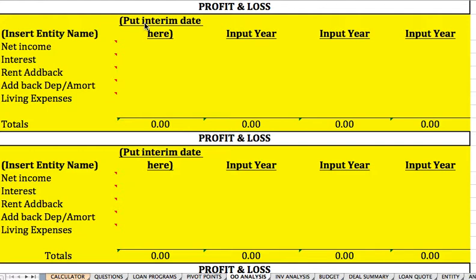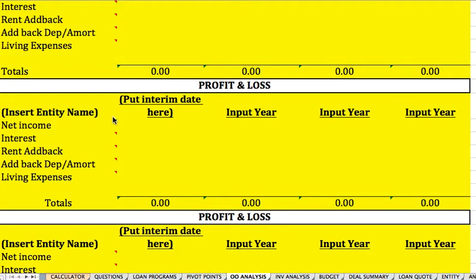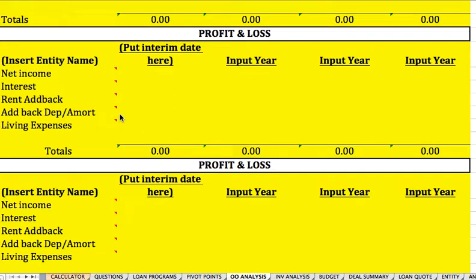This could be from January to June, it could be the first or second quarter, whatever that period of time is. What you want to make sure of, if this client has multiple companies, is that the time periods are consistent all the way through their companies.